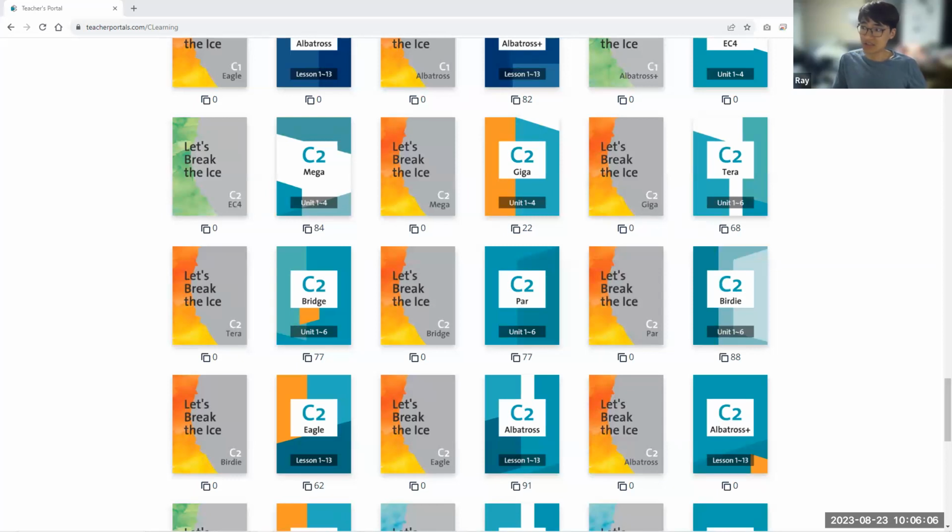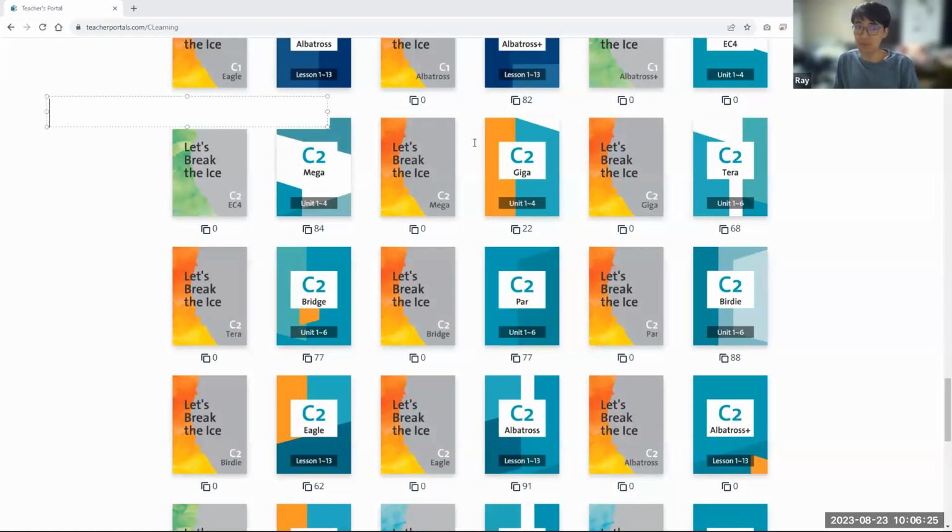Basically, today is an overview of the C2 low and C2 mid programs. They're essentially the same thing with just a few very minor changes between the low and mid levels. So very quick, first, we have the low levels.